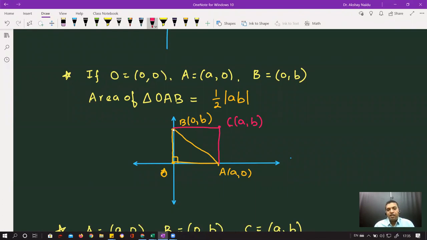So the other way of saying it is this triangle ABC is a right angle triangle. So you either take this as the base or this as the base. If you take this as the base, this length will be a. I'll mark with another color. And this will be b. So again, half ab will be the answer.